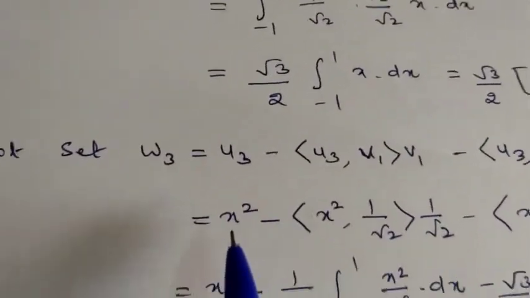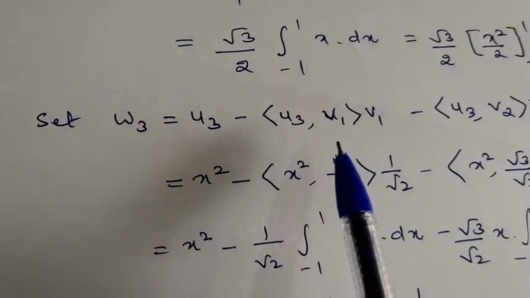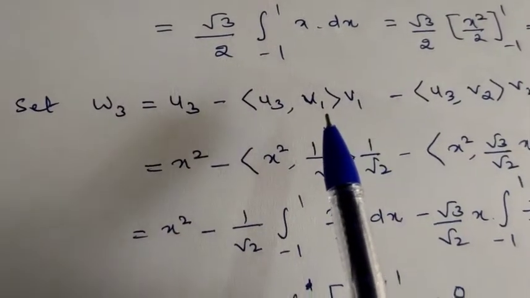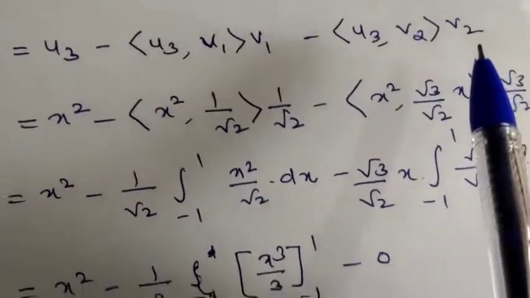Next, we need 3 elements. Set w3 equal to u3 minus the inner product of u3 comma v1 into v1 minus u3 comma v2 into v2.